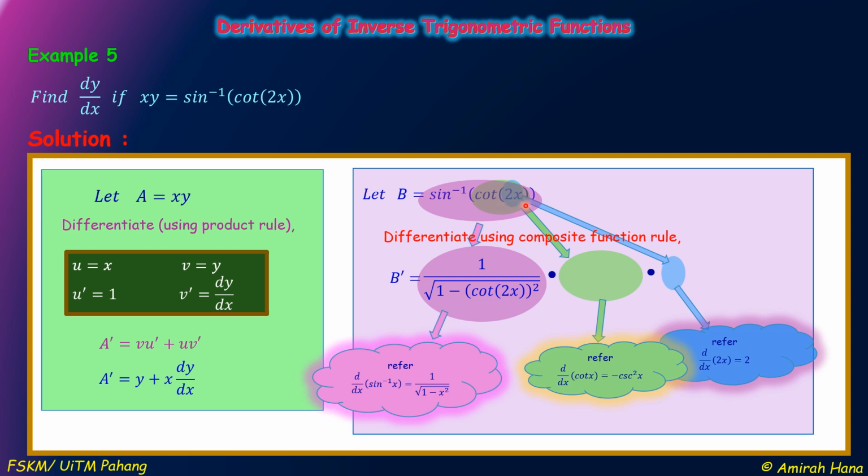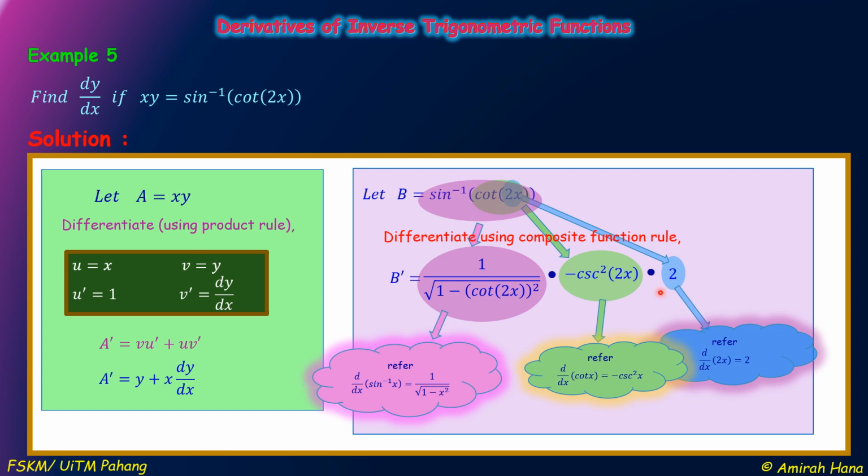Referring to the derivative of cot x, which is negative cosec squared x, when we differentiate cot 2x the answer is negative cosec squared 2x, replacing x with 2x. Then we differentiate the innermost function, 2x, and the answer is 2. So we put it here, and we are done differentiating.